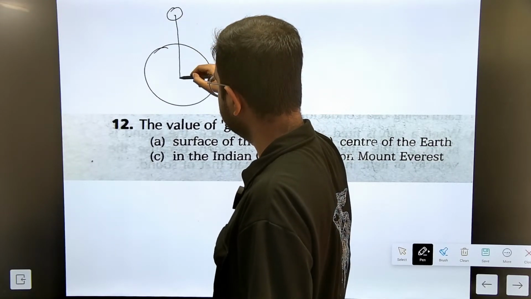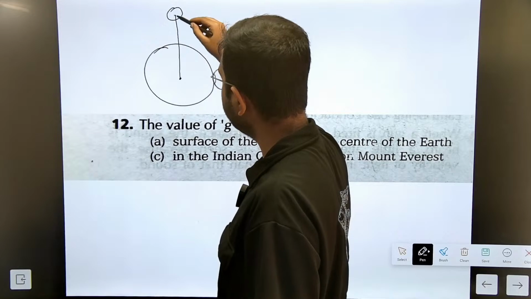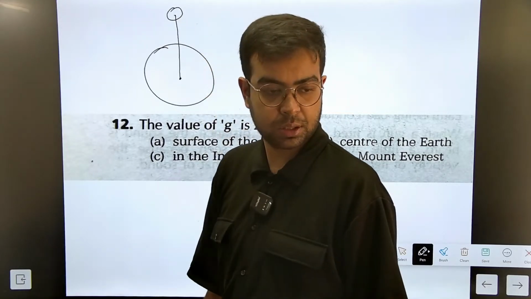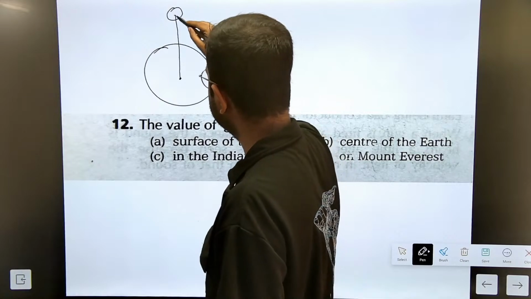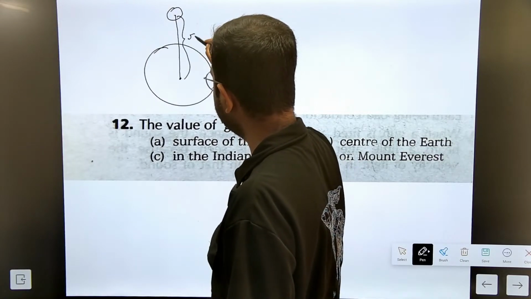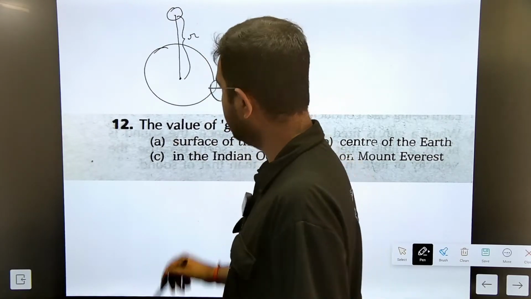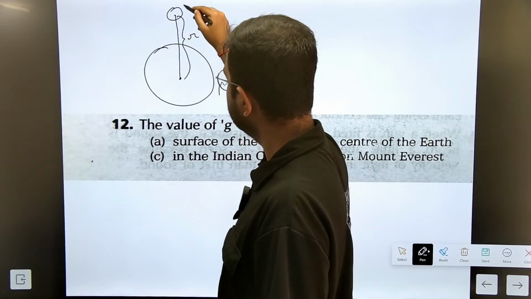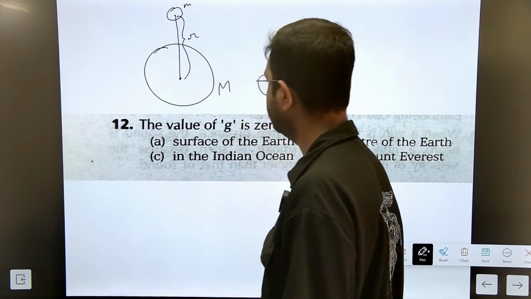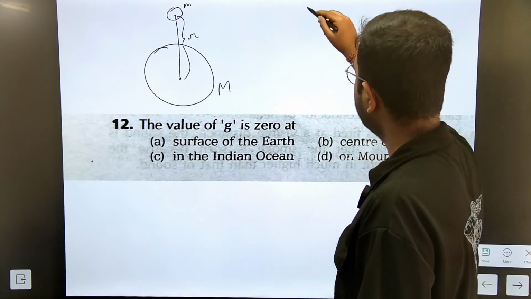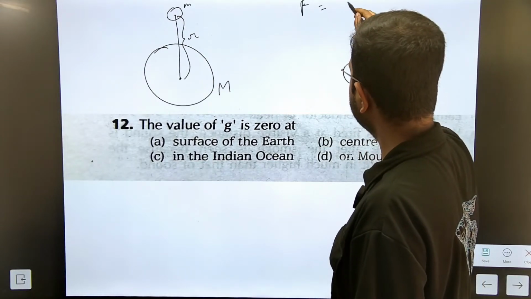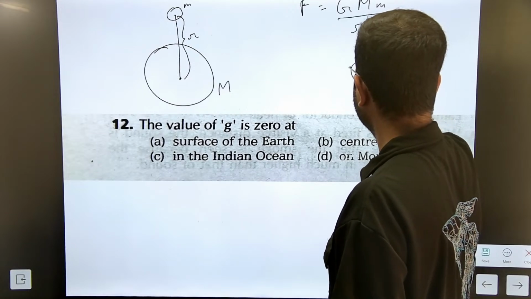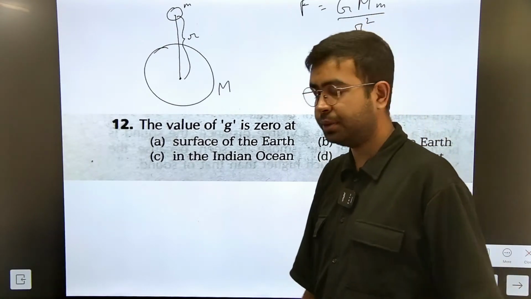This is the distance between the center of that particular object and the center of the Earth, which we can denote as r. Say Earth's mass is capital M, the body's mass is small m. Now what will we get? F equal to GMm by r square.